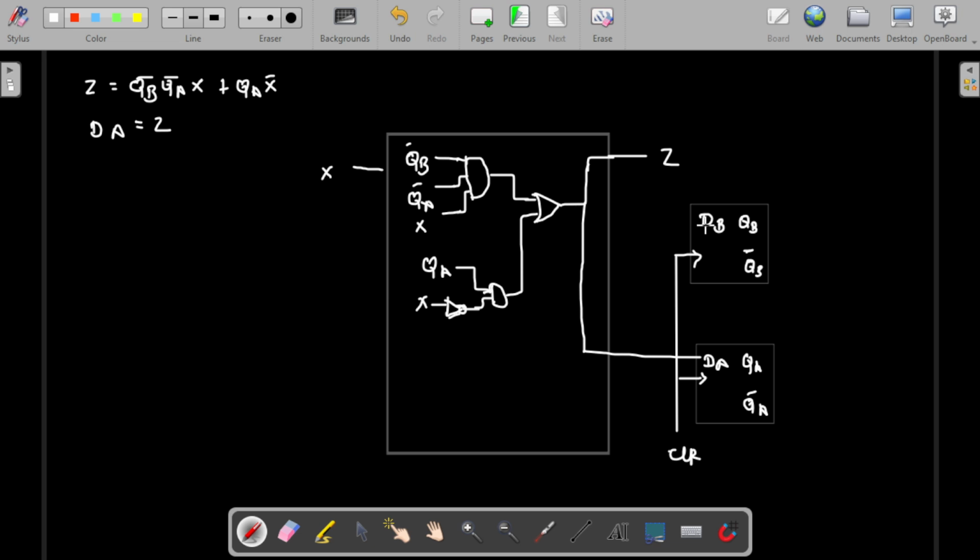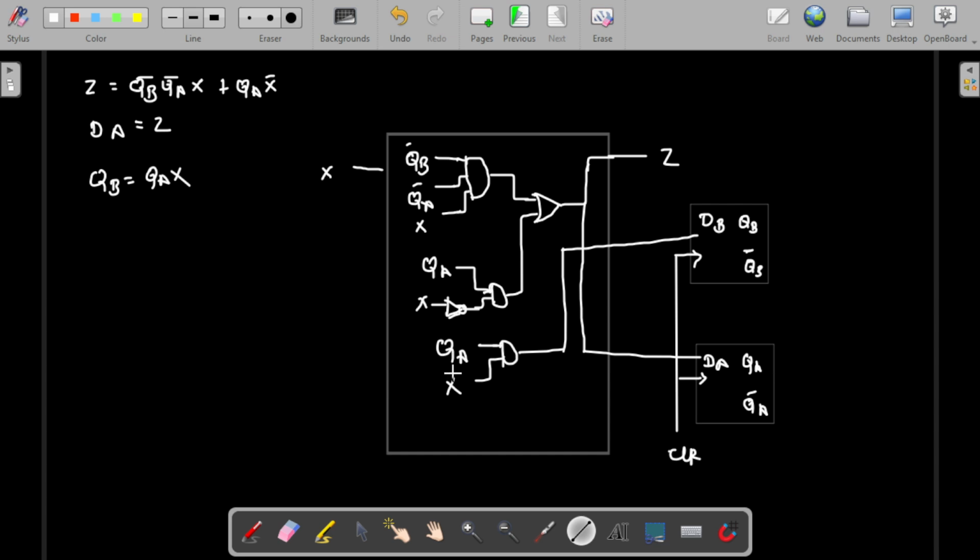Okay. So now we have to design QB, which is equal to QA into X. So here is another one, that is QA X. Let us give this to a two input AND gate, and fit this into the system. Okay, so this is how it will come. So now we have completely designed everything.